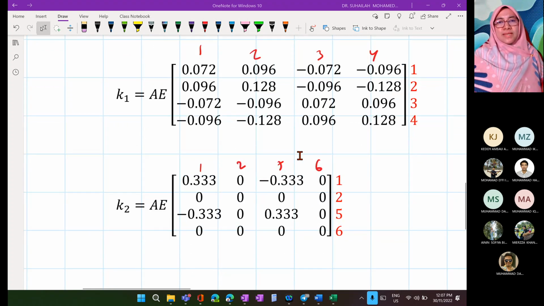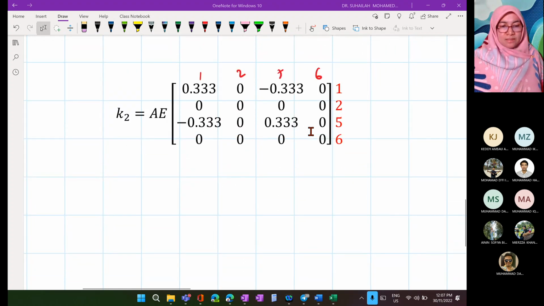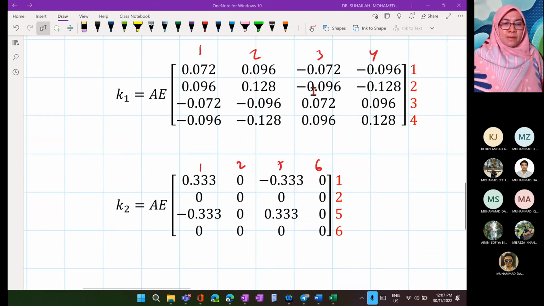So we will produce 6 by 6 because there are 3 times 2, 6 matrix we combine. Remember all this value inside K1 and K2. Labeling is important, and this is actually the position of the value.